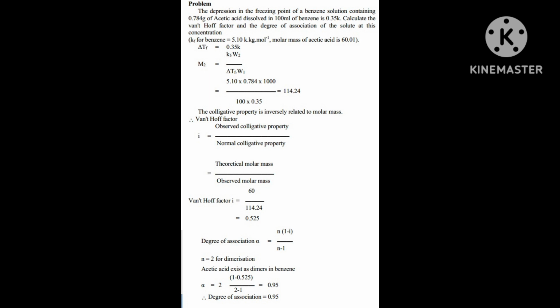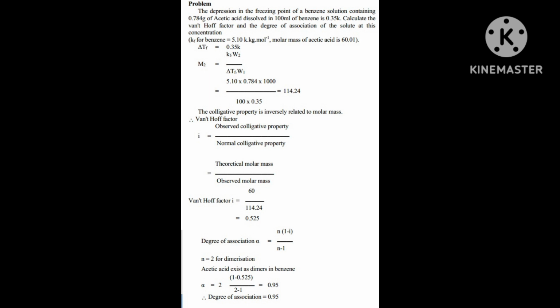Now you can understand, density is equal to mass by volume. Density they have given 1.06 gram per ml.